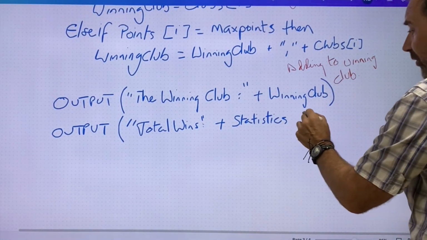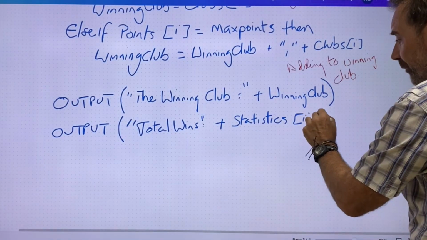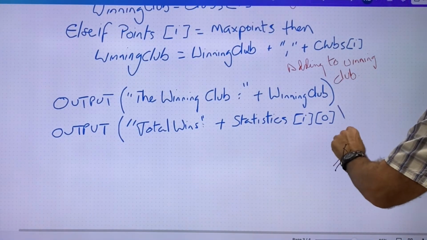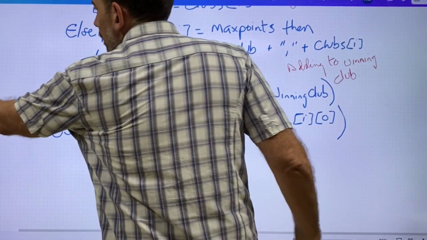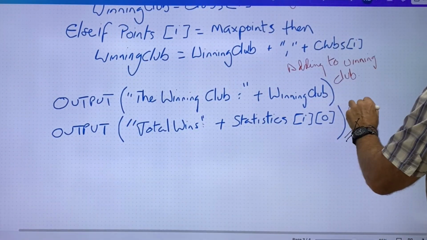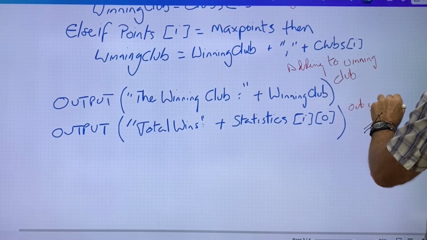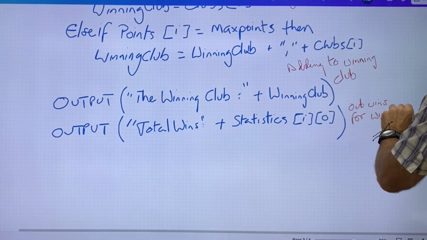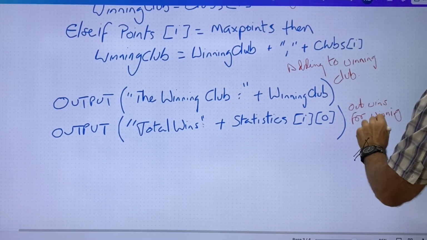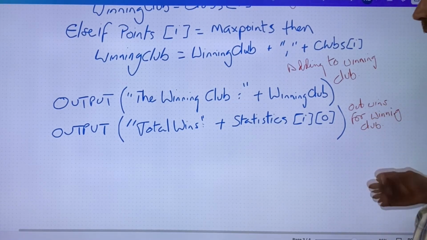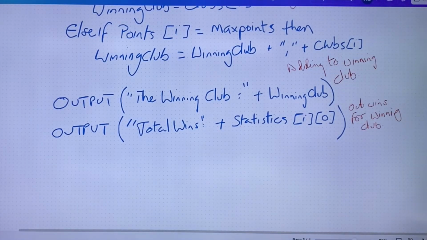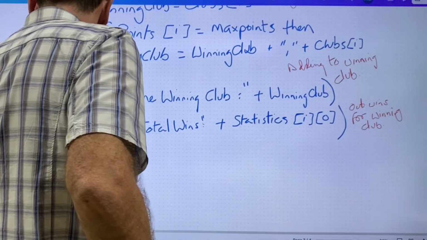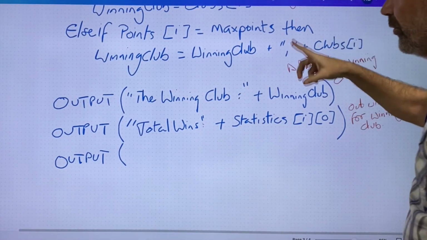We're going to refer to the index value and the position, and that's going to output wins for winning club. Total win statistics, that's all right. And then finally, I'm going to output the total points awarded.